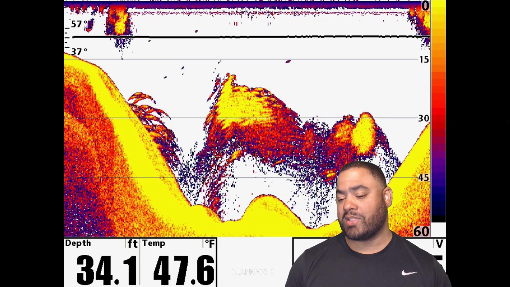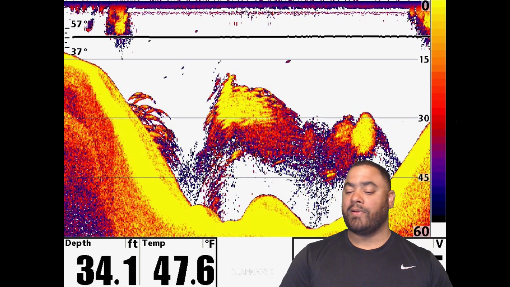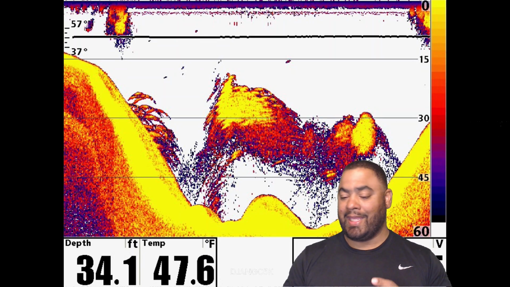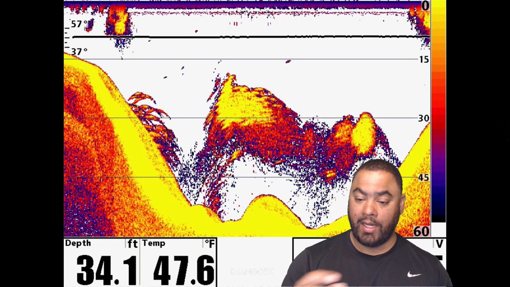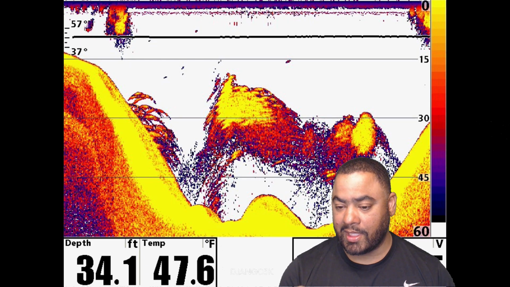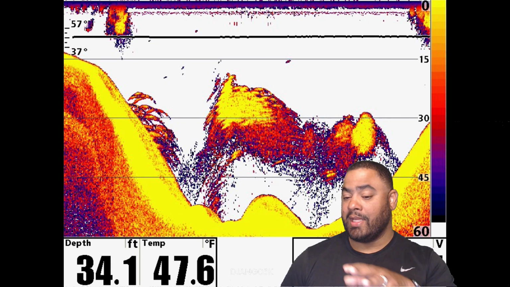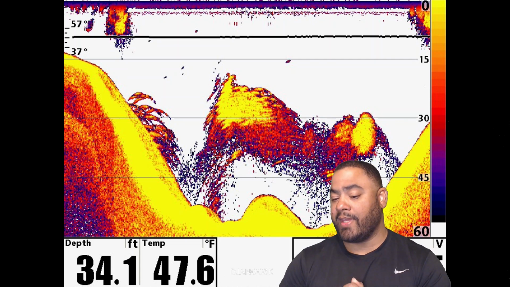A lot of times when you see a mass of something like this, that's how the graph represents bait fish, or fish that are so tight together in a school that it can't differentiate between one fish or the other. Looking at the size of the arcs here, generally you would think they were bait fish, but looking at the arcs, I could tell that those are actually schooled up fish.